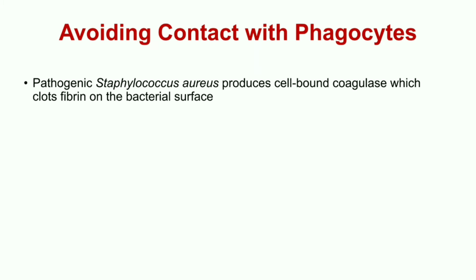An example of such a mechanism is adapted by the pathogenic strains of Staphylococcus aureus. Staphylococcus produces cell-bound coagulases. These cell-bound coagulases clot fimbriae on the bacterial surface.